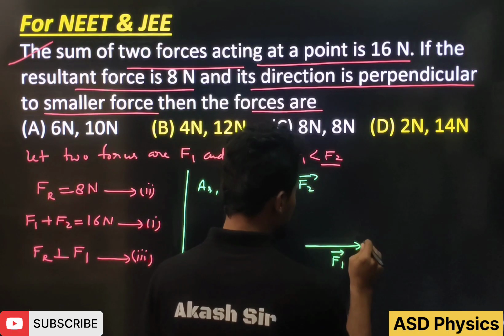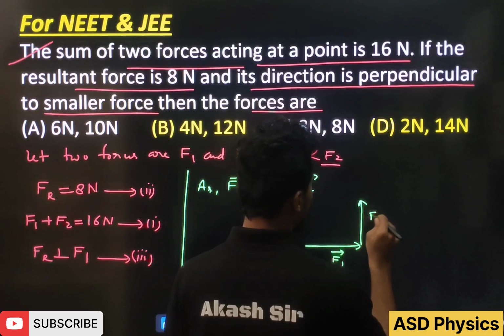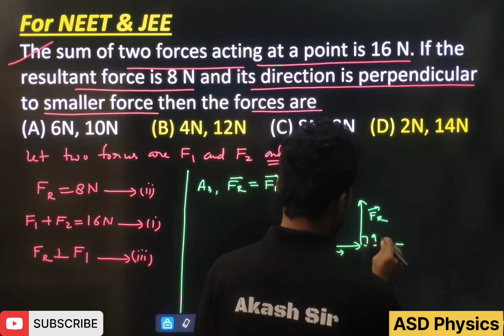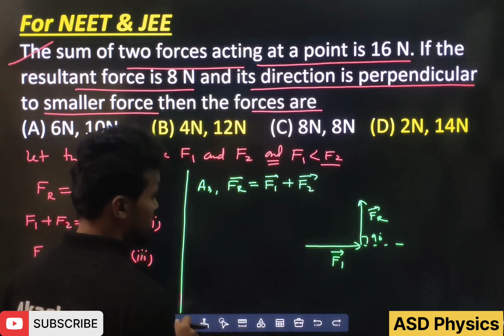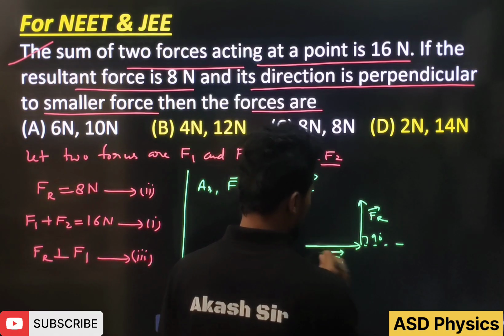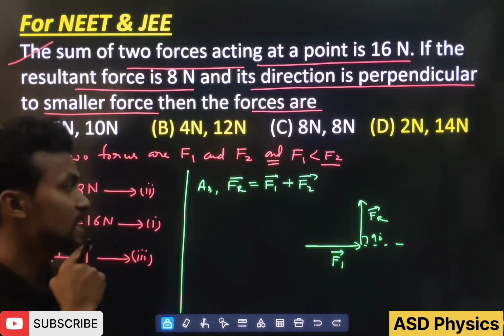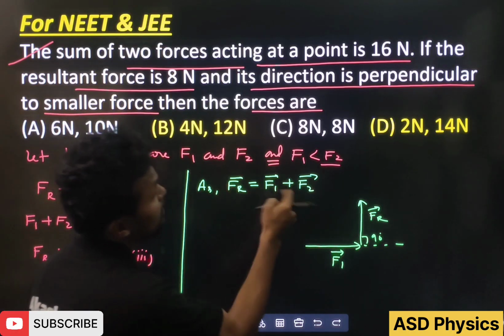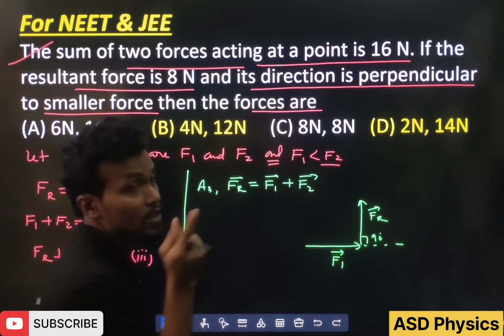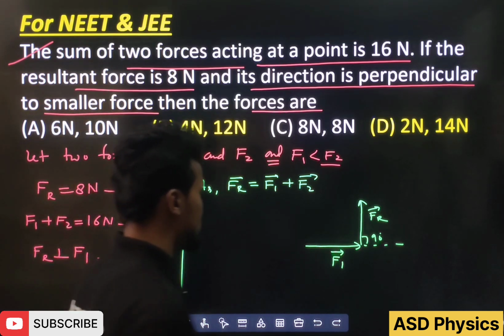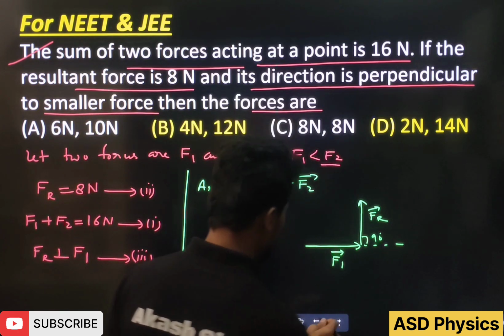This is the resultant FR, and this is 90 degrees, perpendicular. Now F2 will be in which direction here? F1 plus F2 means F1 and F2 are in the same order, and FR should be in which order? Opposite order.